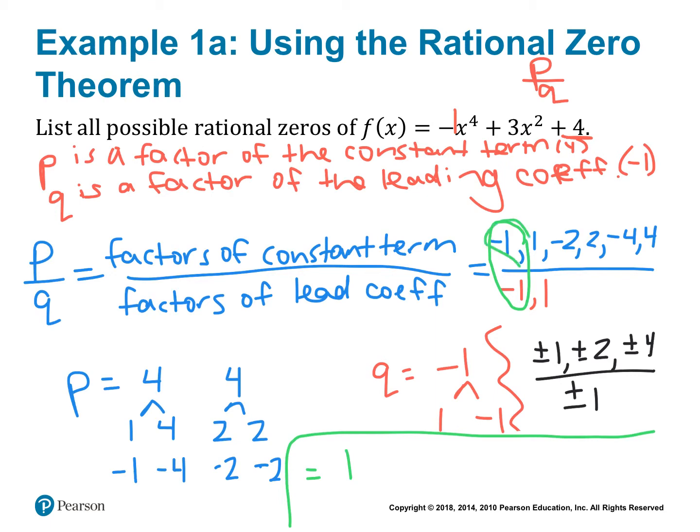If I did -1 divided by 1, then I'll get -1. So you could just say positive and -1 would be one option. If I did the next term, it would be 1 divided by -1 and 1 divided by 1. I'm going to get the same thing. So let's go ahead and jump to the 2's.